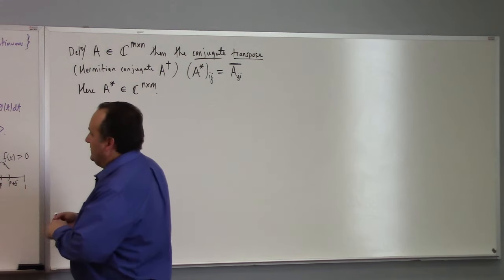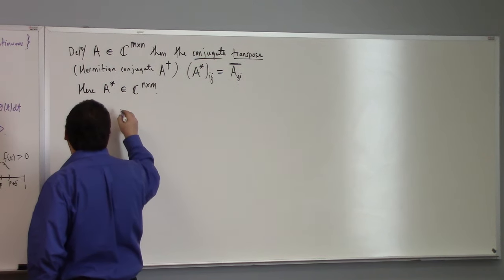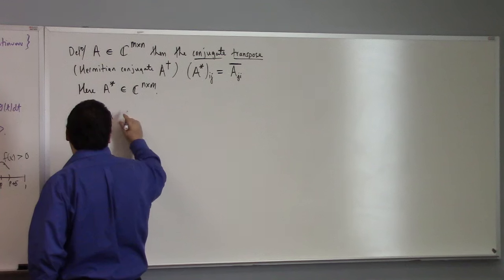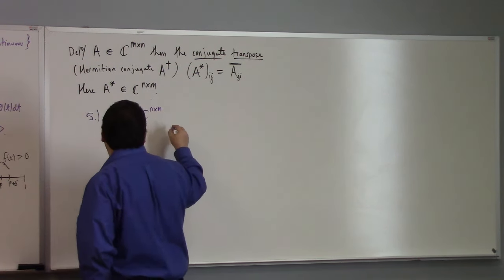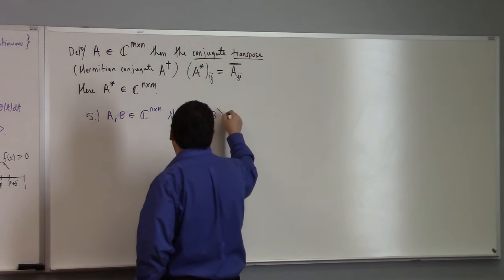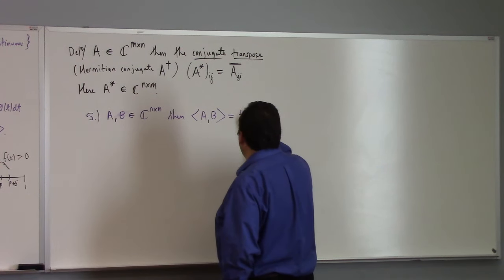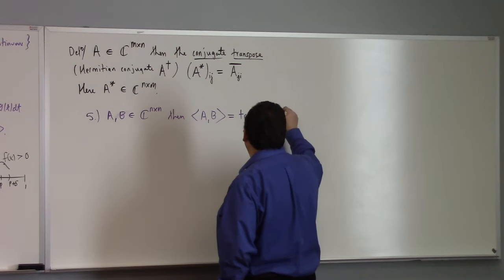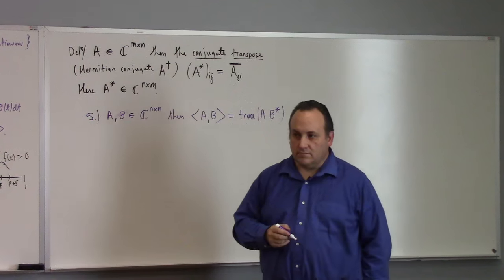I'm introducing that so that we can make sense of our next example. So continuing with my examples, example 5, if we have A and B in Cn by n, then the standard inner product of A and B is called the Frobenius inner product, and it's simply the trace of A B star.